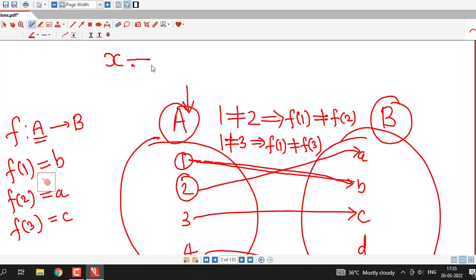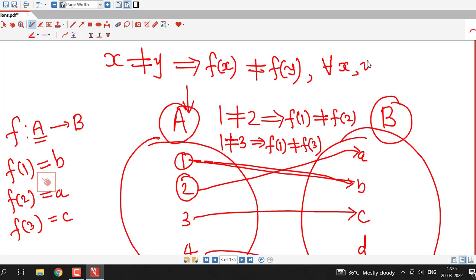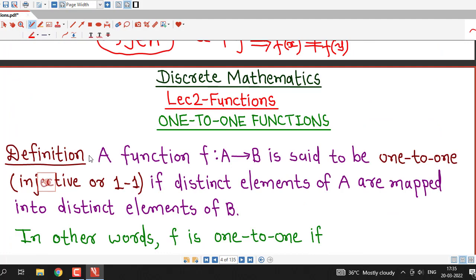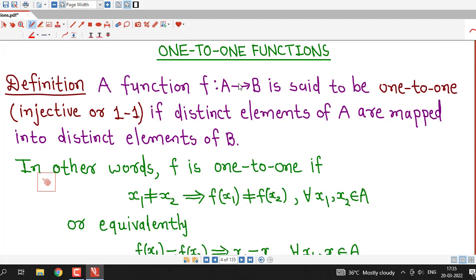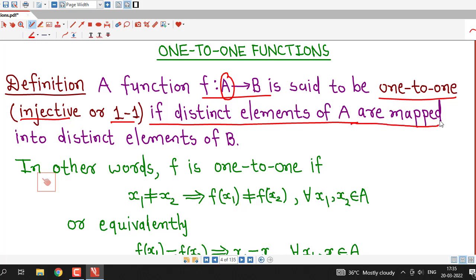That means if x and y are different implies f of x and f of y are also different for all possible values of x and y in the domain of f, then we say that function f is one-to-one or injective. So that definition I have written here. A function f from A to B is said to be one-to-one or injective or simply one-one if distinct elements of A, the domain of the function, are mapped into distinct elements of B.